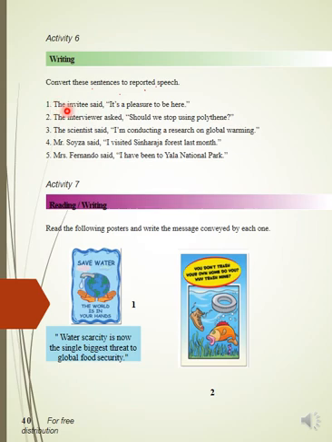Second one, the interviewer asked, "Should we stop using polythene?" Again, the sentence is in past tense. Then when you write it as reported speech, the interviewer asked that should they stop using polythene? Third one, the scientists say, I am conducting a research on global warming.